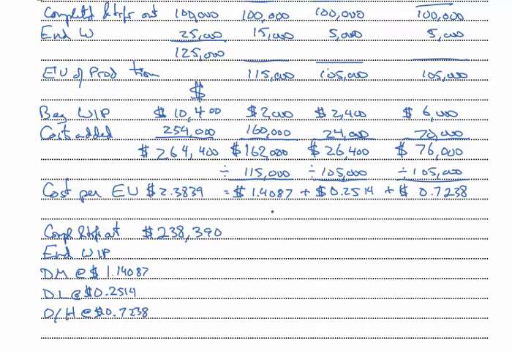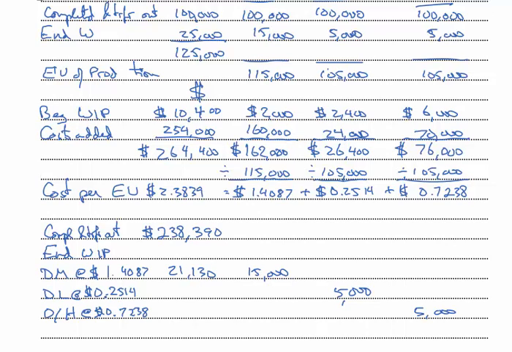And we had in ending work in process 15,000 units, 5,000 units, and 5,000 units. Okay, so 15,000 times 1.4087 is 21,130.